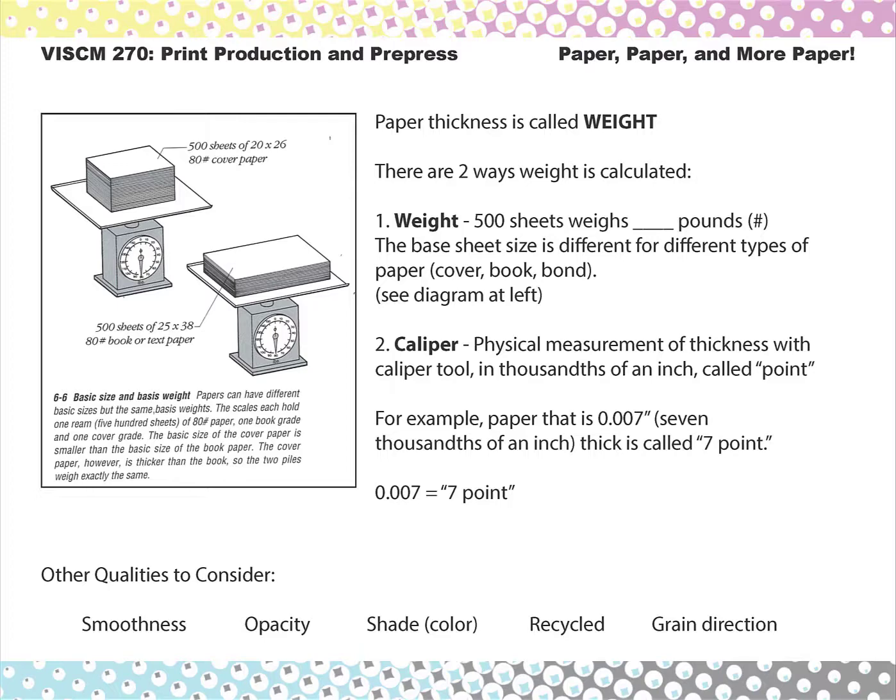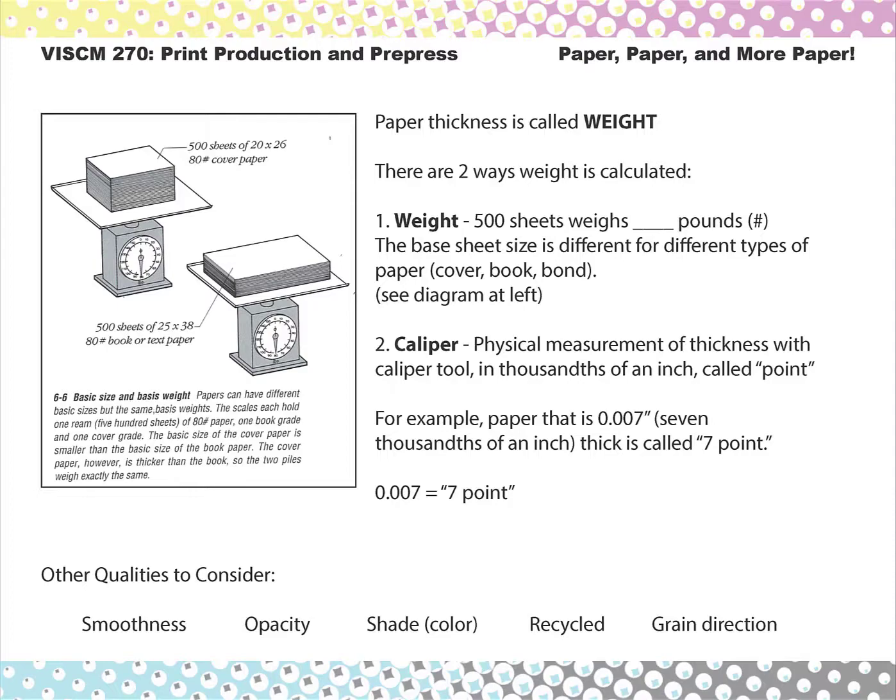Some other qualities of paper to consider are smoothness, whether it has texture, the opacity, can you see through the paper at all, its color or shade, if it's recycled, and grain direction.